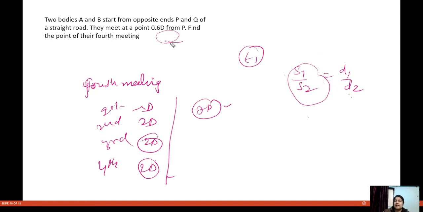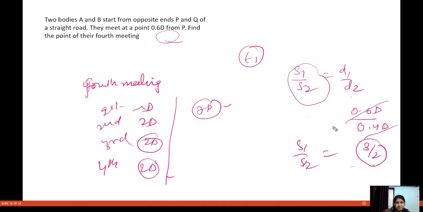The ratio of the distance covered when they met first was 0.6d divided by 0.4d. So that became how much? 3 by 2. So s1 by s2 is equal to 3 by 2. When they cover the distance 7d also, the ratio of d1 by d2 will be 3 by 2.